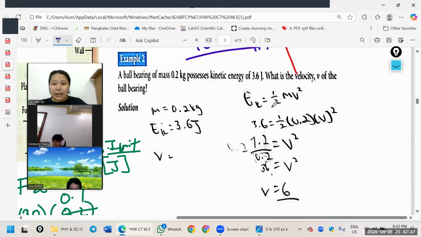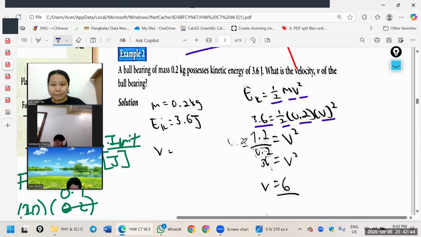Okay, so now there is half mv squared. Half mv squared, 3.6. Yeah, correct.